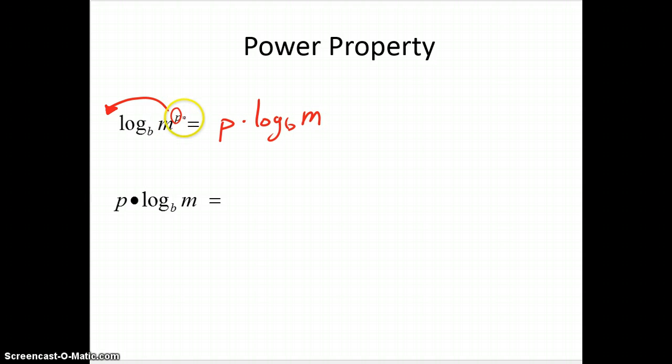So the p, instead of being represented in the log, is actually pulled out front and it's multiplied by this entire log. It also works the same way. We can put the p with the m, so we can rewrite this with the p as a part of the logarithm. Okay, so that power can be either represented out front or it can be represented inside the logarithm.